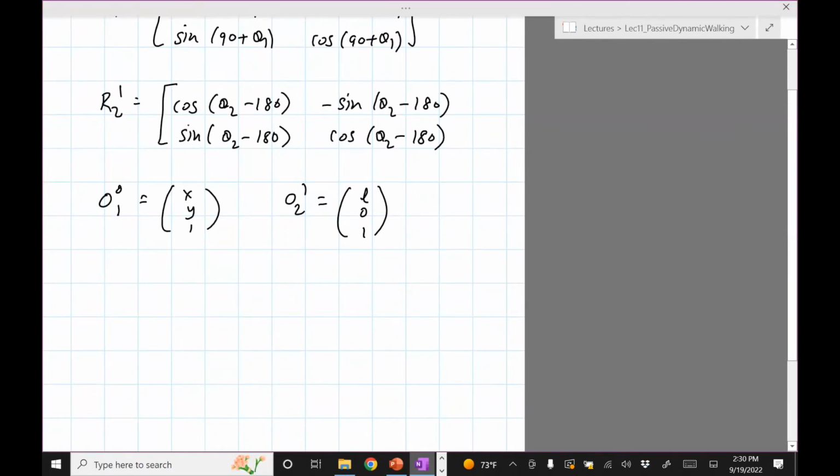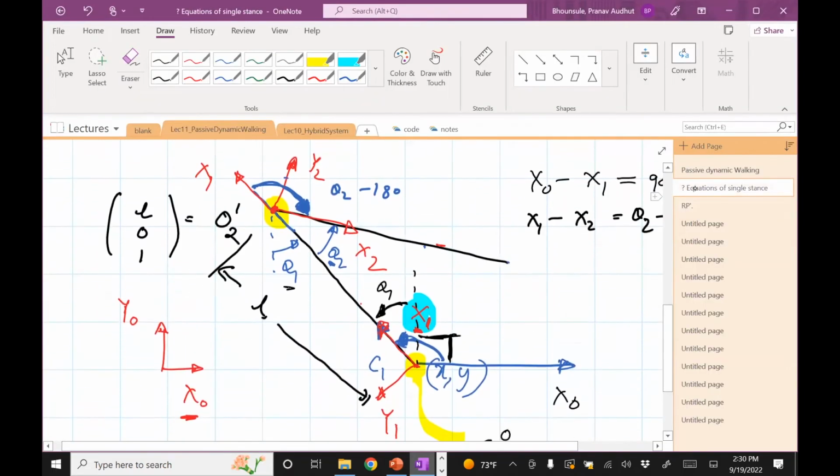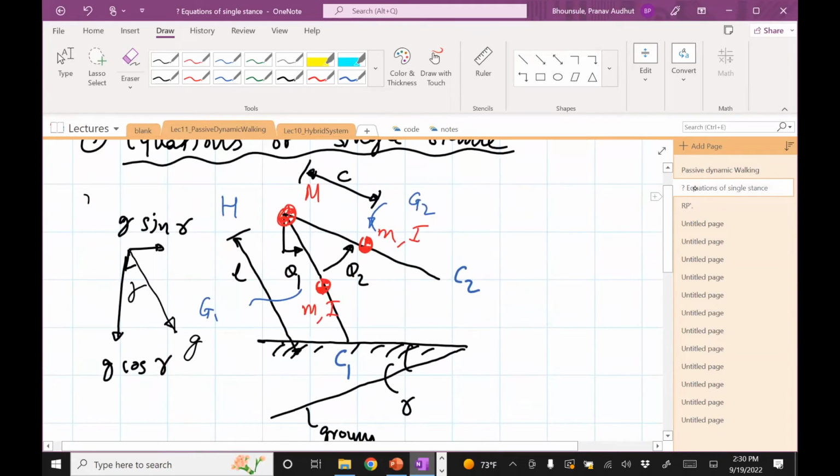Okay, so now we are all set. Let's compute the positions of 5 points. I would compute the position of H, G1, C1, G2, C2. Because I need them later on for the Euler-Lagrange equations.